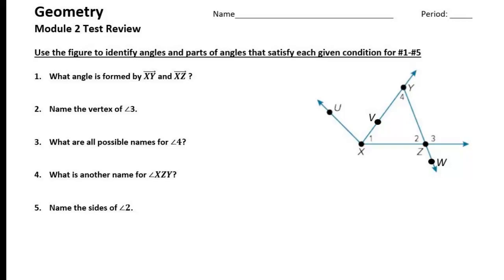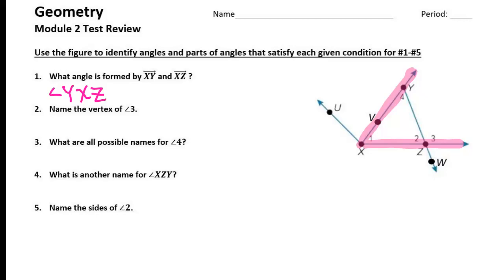What angle is formed by ray XY? Here's ray XY. And ray XZ. Here's ray XZ. What would be the name of that angle? Can't call it XYZ. We could call it YXZ. Yep, we can call it YXZ.